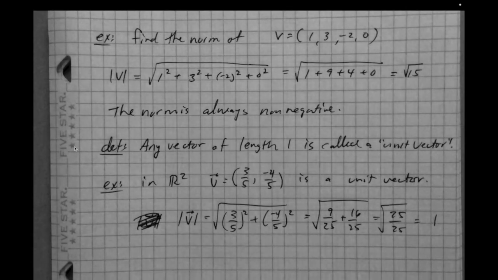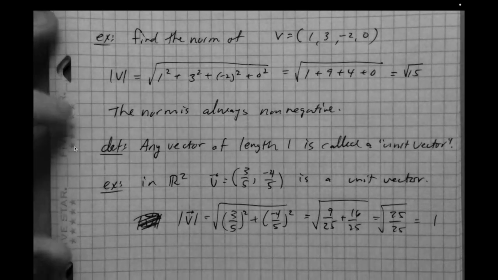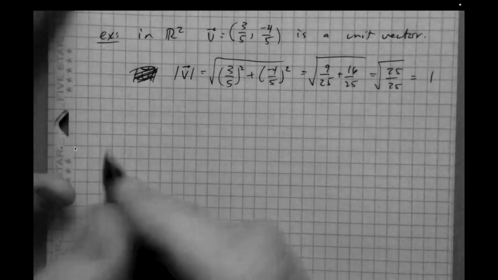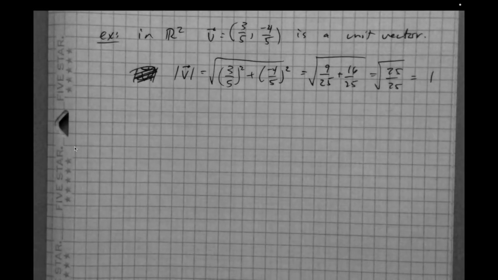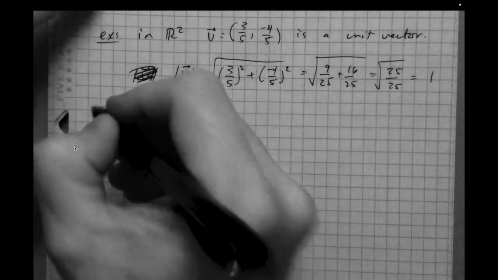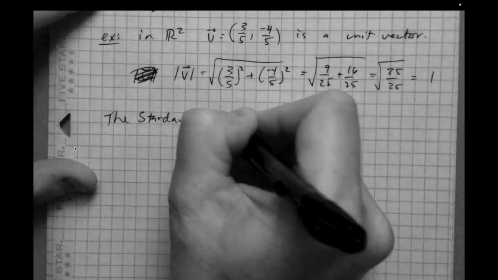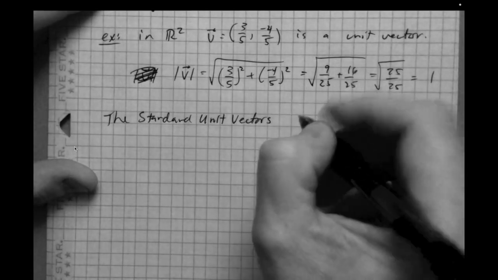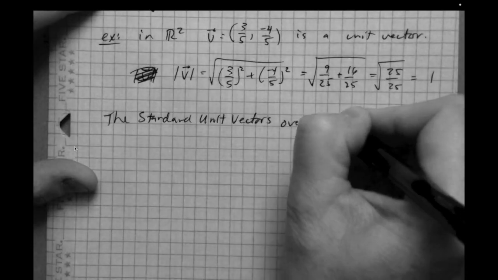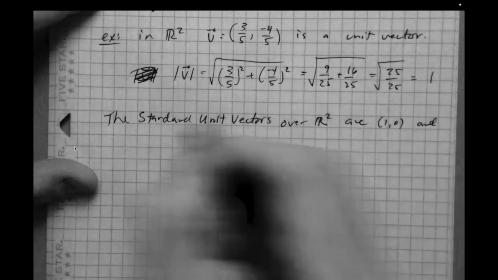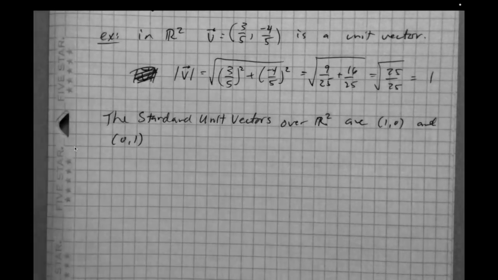Okay. Very good. Given these unit vectors, there are a handful, depending on which space you're in. If you're in R2, for example, there are two special unit vectors, which we call standard unit vectors. So the standard unit vectors over R2 are 1, 0 and 0, 1.